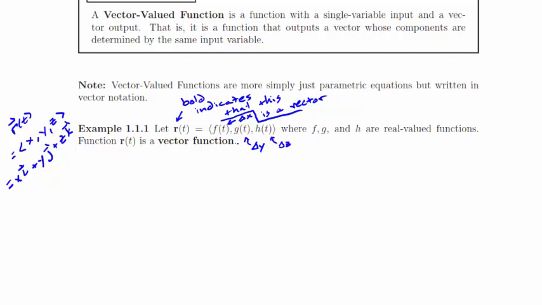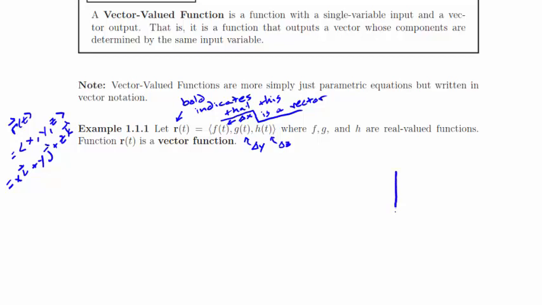Because a vector gives us our direction that we're going from any point. So we're saying we're moving this much over in the x direction, this much over in the y direction, this much over in the z direction. It's not saying from some specific point. And so we're saying that f, g, and h are all real valued functions. So f of t takes a real valued number, t, and outputs a real valued number, x. The function r of t is called a vector function.